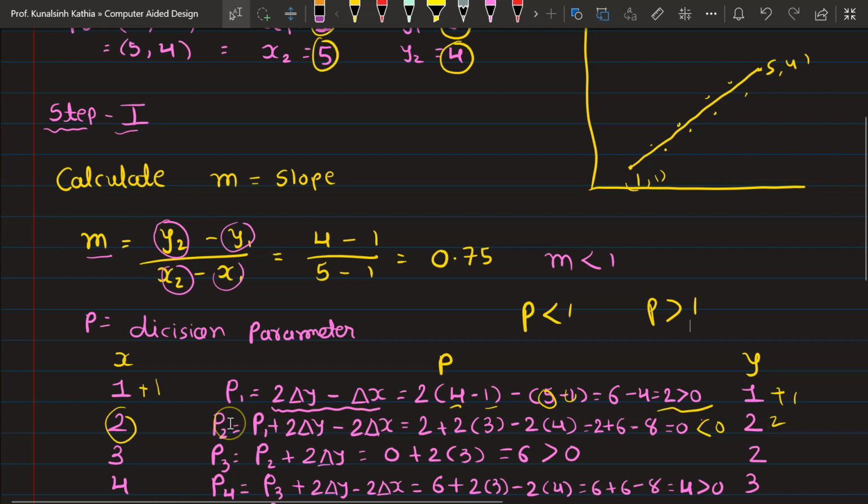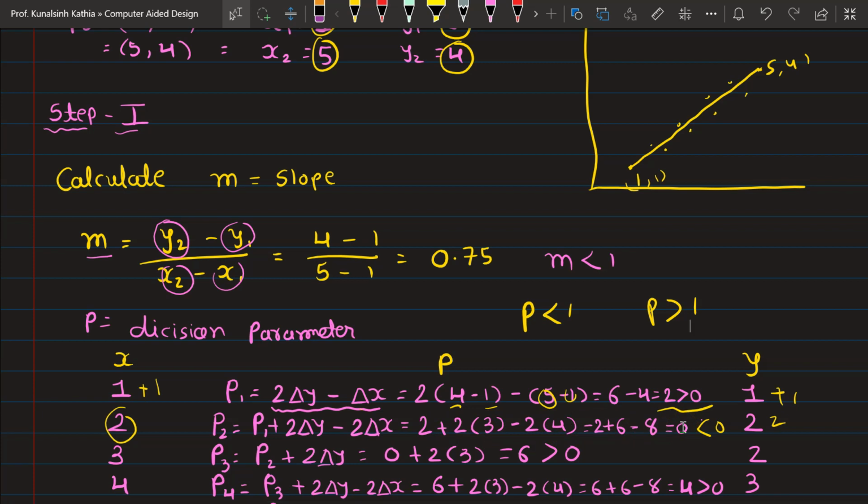Now repeating this step again, but in the second step the equation changes a little bit. The decision parameter will be p1 plus 2 delta y minus 2 delta x. This is the standard equation. Placing those values, I am getting 0, or somehow you will get minus 1.